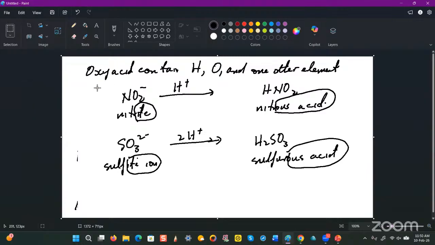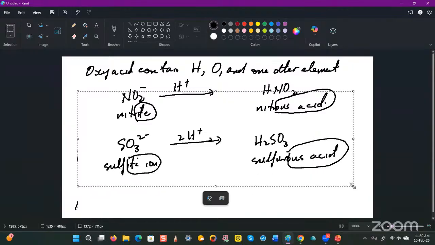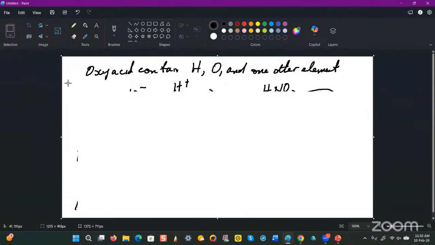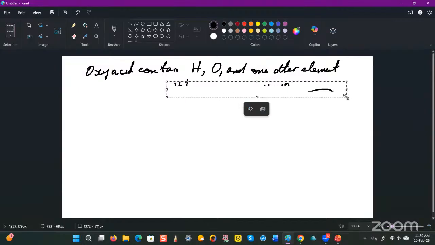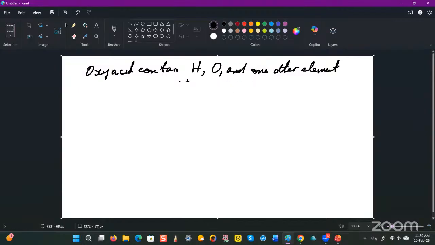Okay, so this first example here is the nitrate ion.